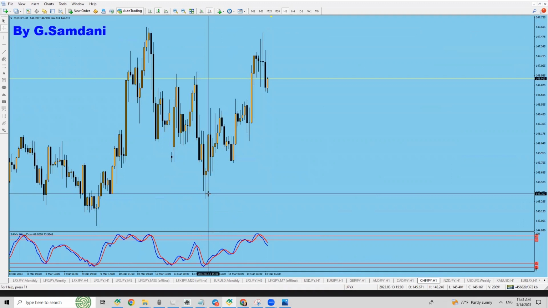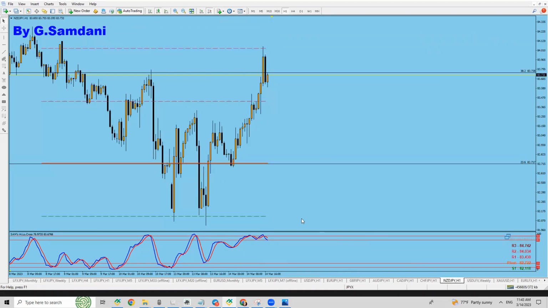You can see here the date is the 13th and the 14th starts right here, right? And last but not least, the 14th is starting here, and this is New Zealand yen, which went up. All 7-8 pairs went up big time.